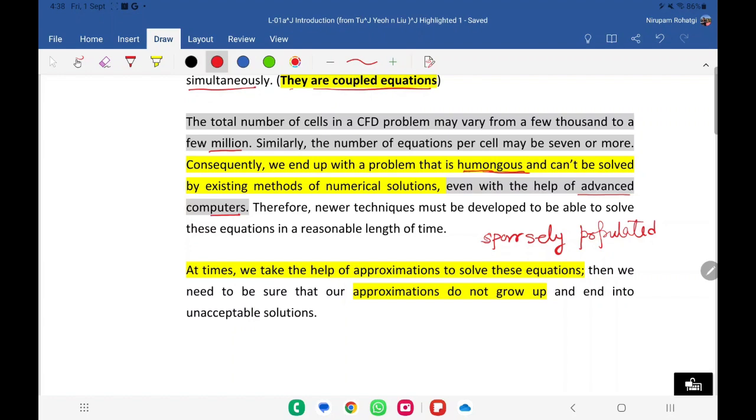Then when you write an equation and each term is a differential, you will take the adjacent ones. So how many variables can you get? 8 into 6, 48 variables, and the center one, 56 total variables will be there. The remaining 8 million variables are 0. So these are called sparsely populated matrices, and people have developed techniques to solve them.